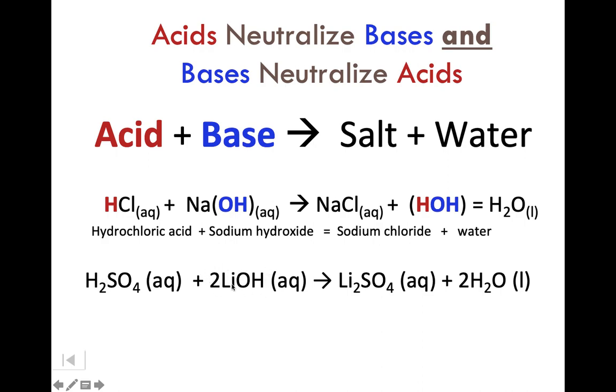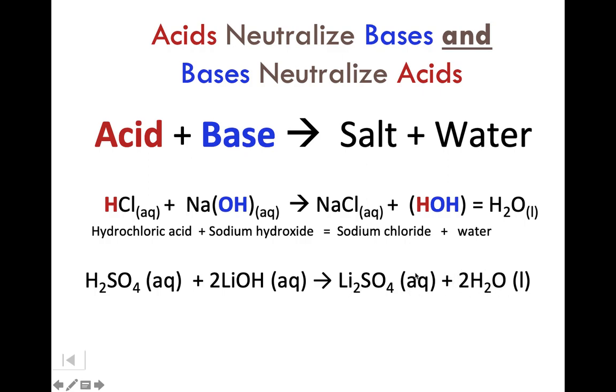Notice the two in the front, balancing equations. Oh, I remember that stuff, I think. So we end up with two waters, and the salt, Li is a +1, SO4 is a -2. Remember that stuff from such a long time ago? So you have to crisscross to make the Li2SO4, so it balances.